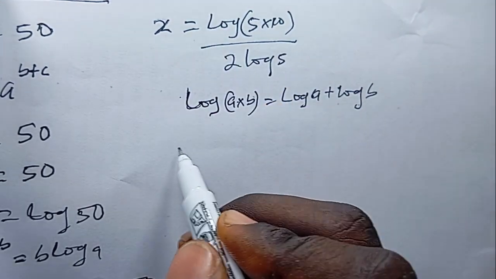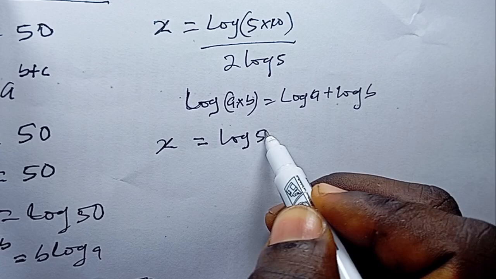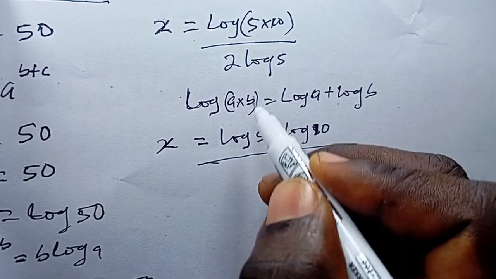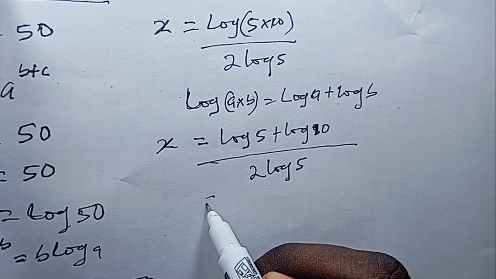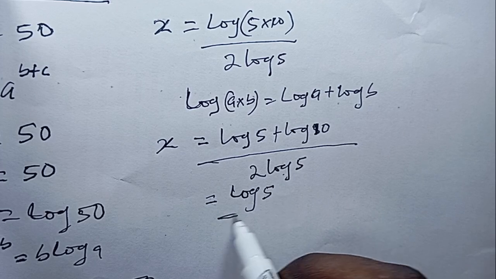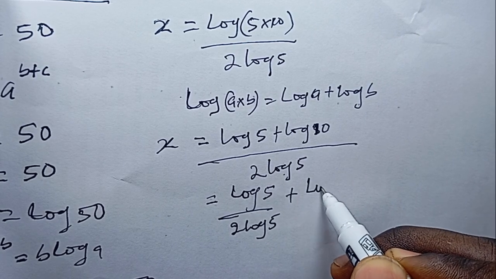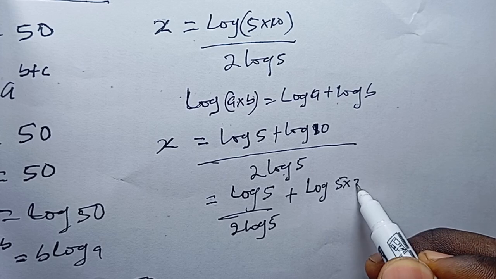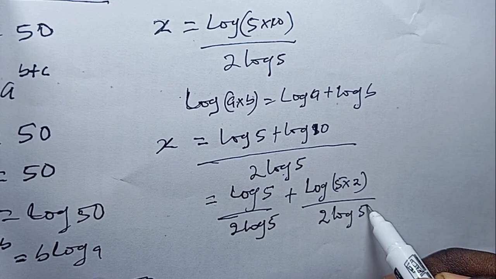When I utilize that, x is going to change to log 5 plus log 10, and then divided by 2 log 5. I can divide through by this. So this is log 5 divided by 2 log 5, plus I can write this log 10 as log 5 multiplied by 2, and then divided by 2 log 5.